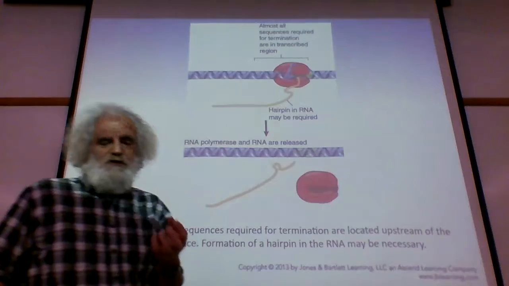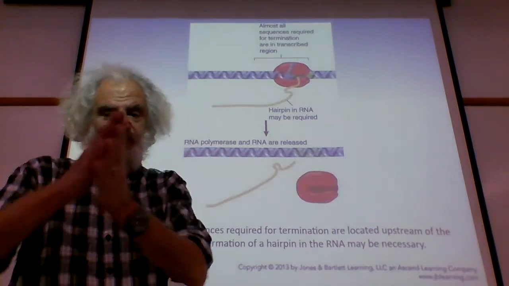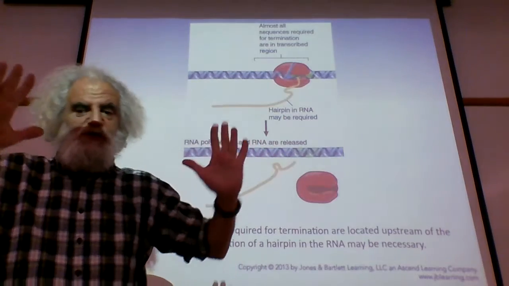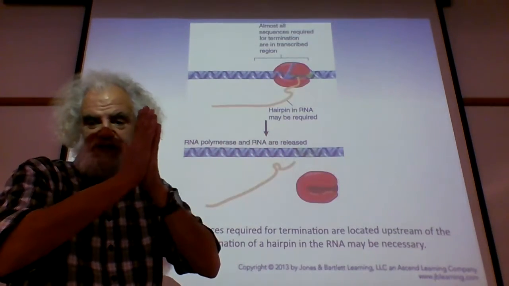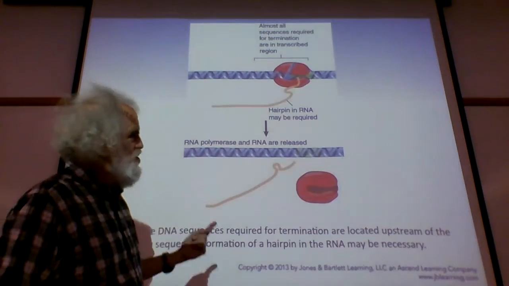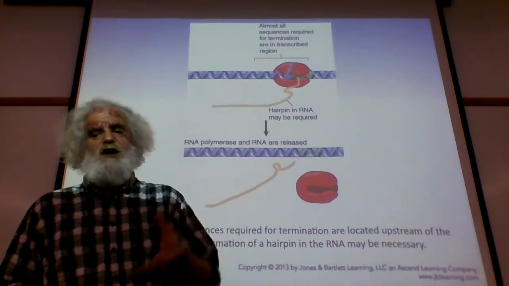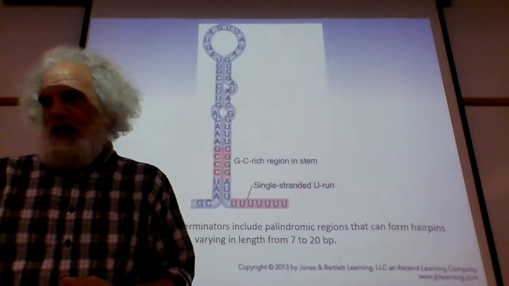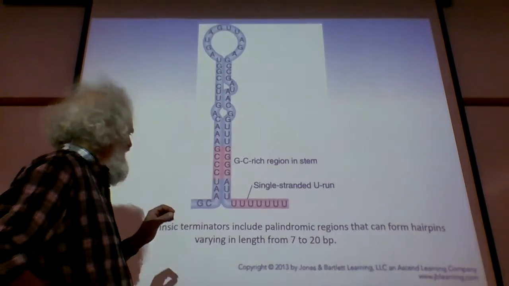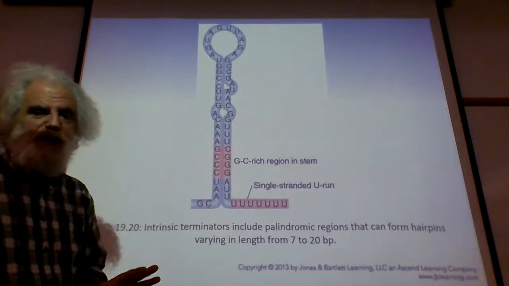That is, there's going to be complementary sequence that is going to have a stretch of non-interesting sequence that will allow for the formation of this hairpin. And this hairpin is essentially goosing the RNA polymerase and causing it to fall off. So now, this is known as an intrinsic termination.